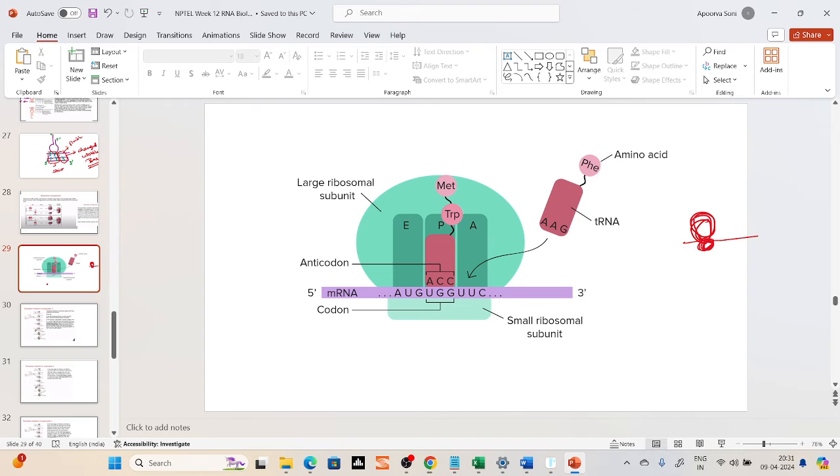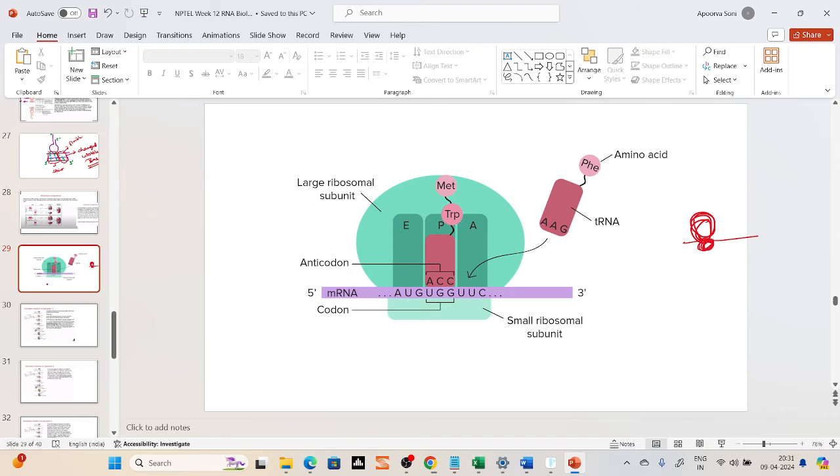Second thing is that there are three sites, A, P and E. E, P or A. Always remember this. Exit site, peptidyl transferase site and acceptor site. So what happens?